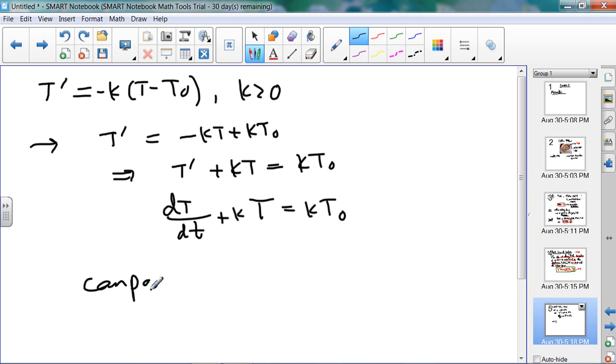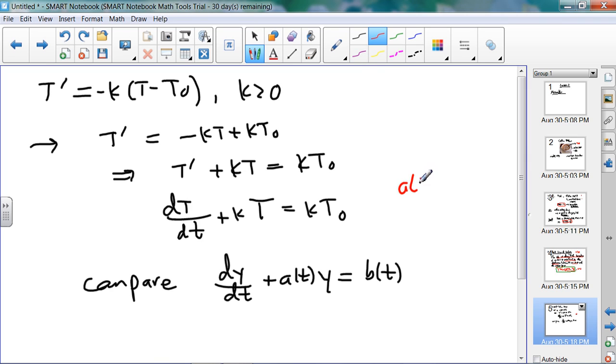And since it's a new variable, let's fit this into what we'll be seeing more often, which is the general form of a first order differential equation. It looks something like this. So if we compare these two, we can pick off what these things are.